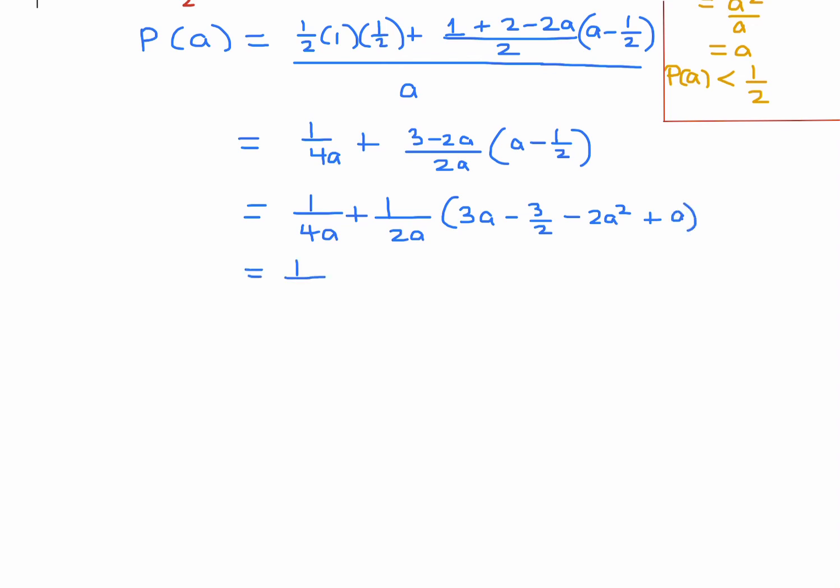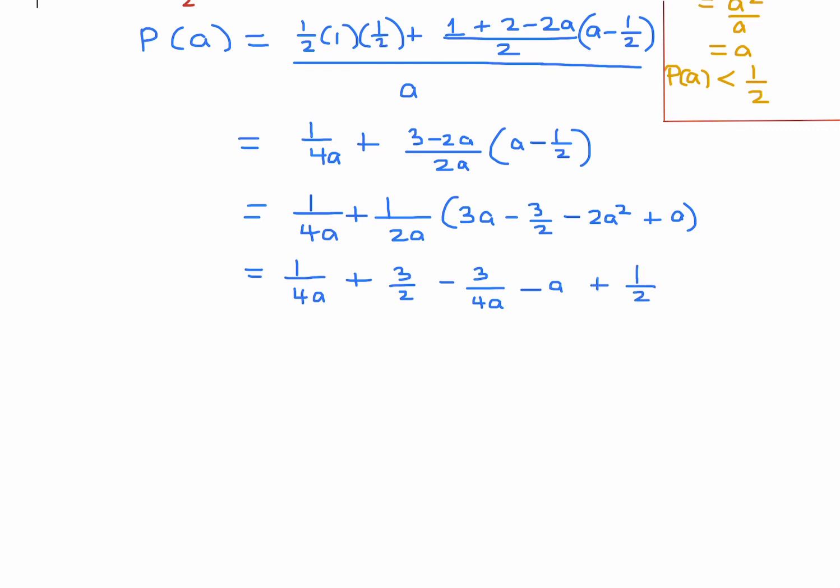Okay, so we've got 1 over 4A, and then now let's use the multiplication of the fraction. So that's going to give me just 3 over 2 minus 3 over 4A, and then this looks like just minus A, and that's just plus a half. All right, great.